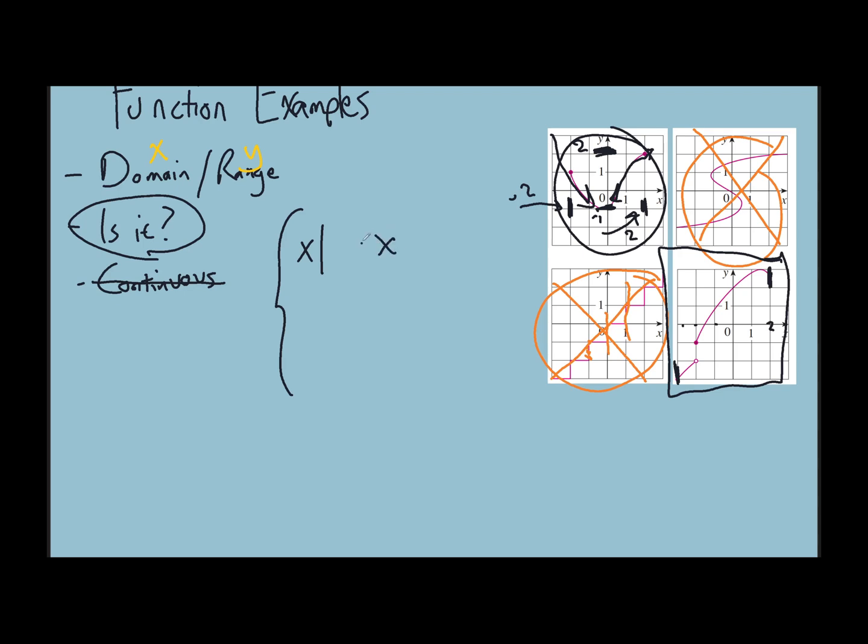So x is between -3 and 2. Does it include them? It does on one side and the other side, so they're less than or equal to. Then the range, the y values: what's the lowest? That's down here, at -3. What's the highest? That's up here, at +3. And it includes them both, so it is going to be less than or equal to.